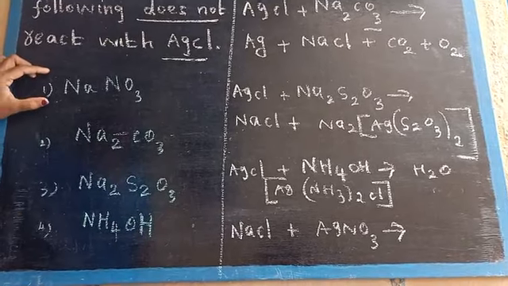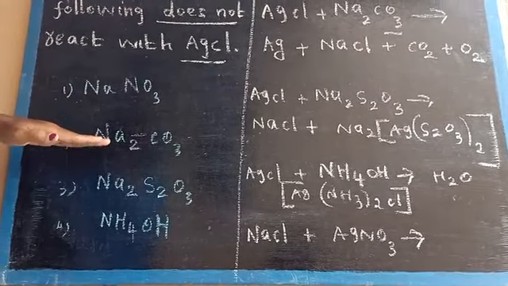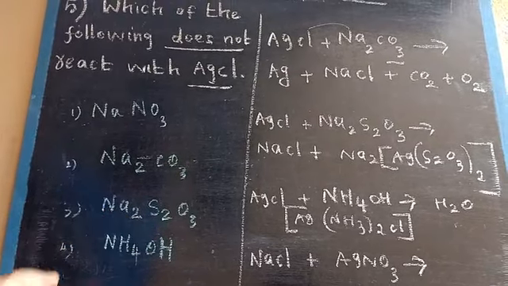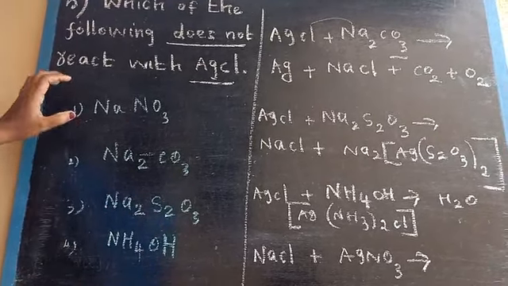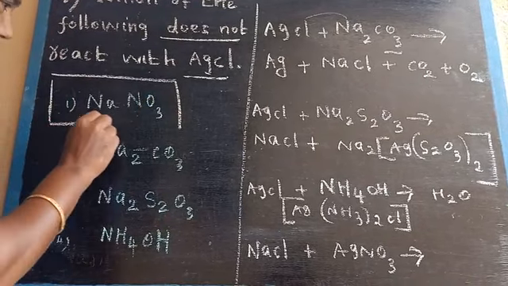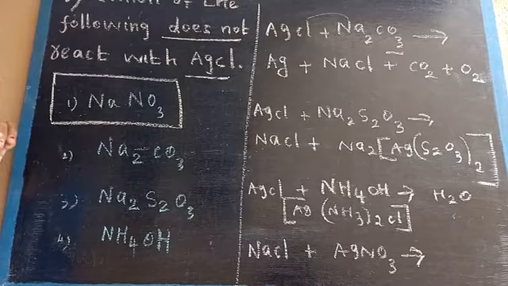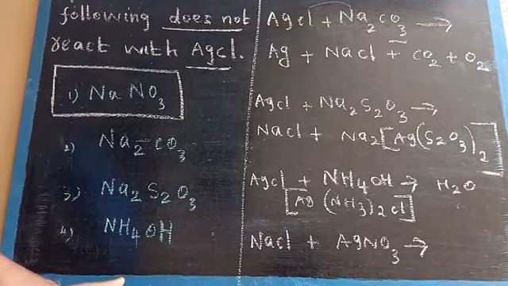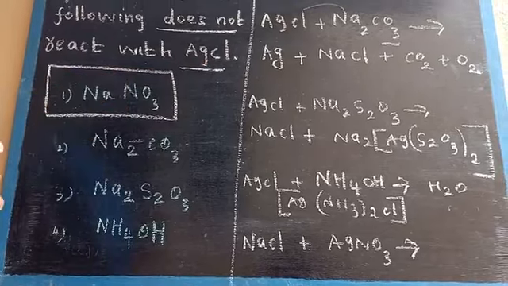But it does not react with sodium nitrate. It reacts with Na2CO3, Na2S2O3 and ammonium hydroxide to give the respective products, but it does not react with NaNO3. Why? Because sodium nitrate is a purely ionic compound, while silver chloride is a covalent compound.